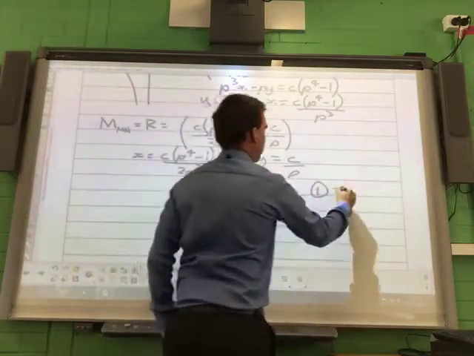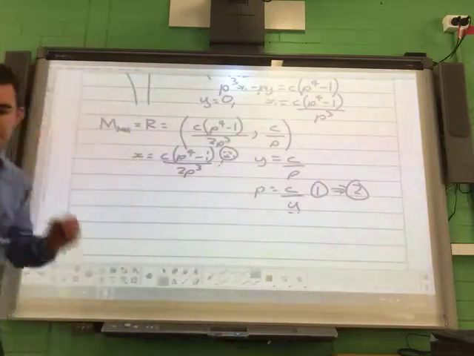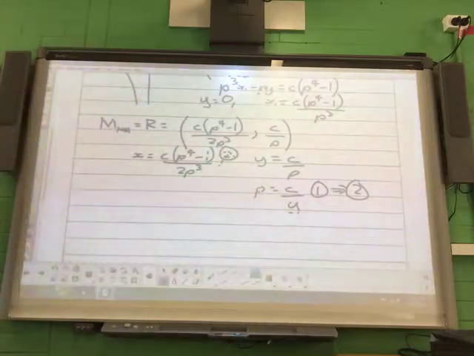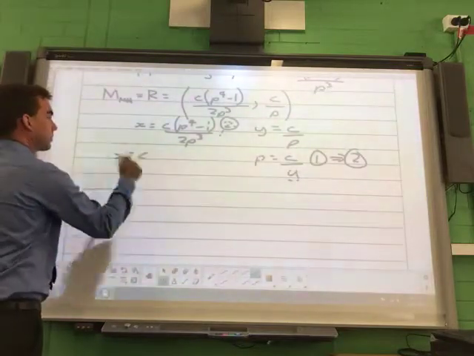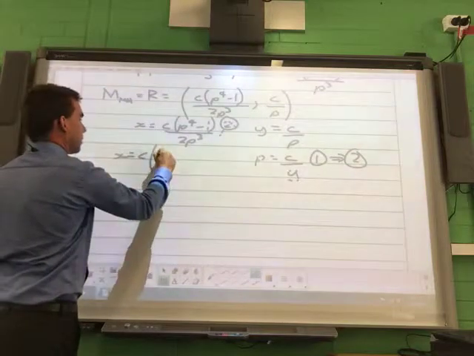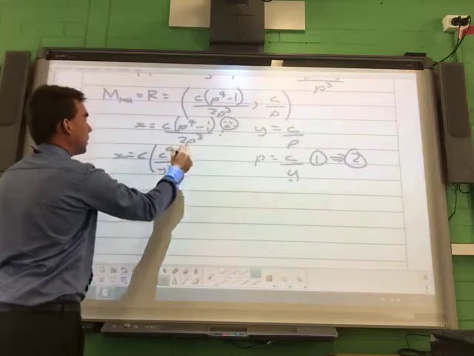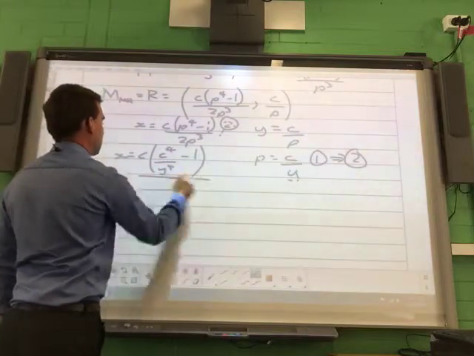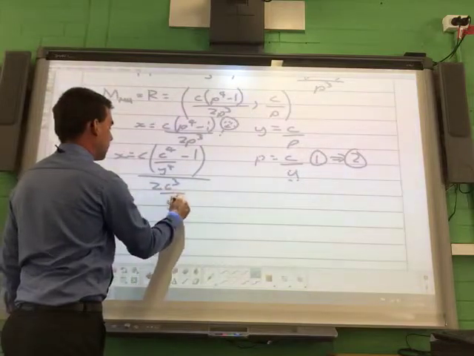I'm going to put it into the first equation: c times c to the 4 over y to the 4, take away 1, over 2c cubed over y cubed.